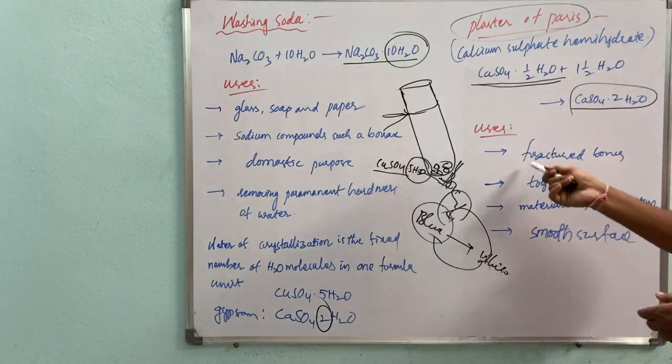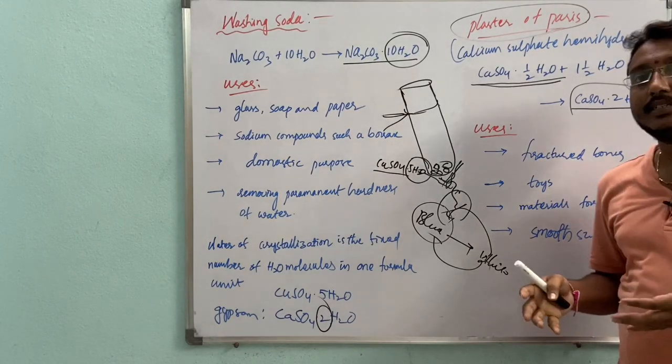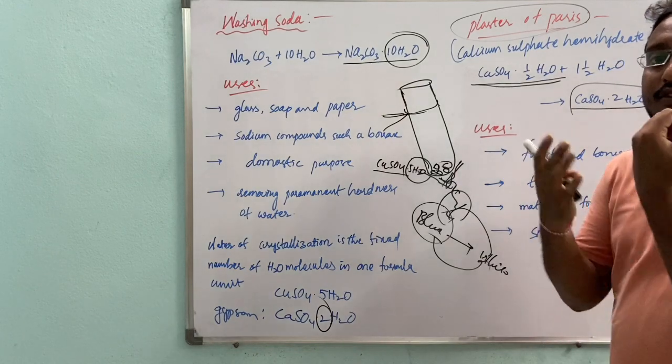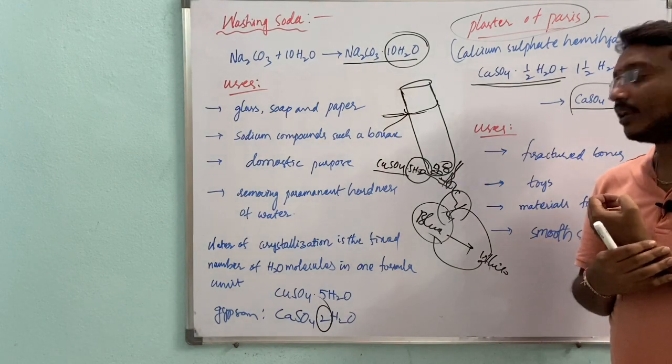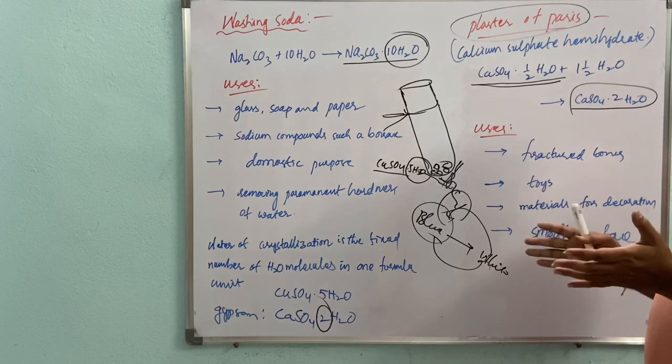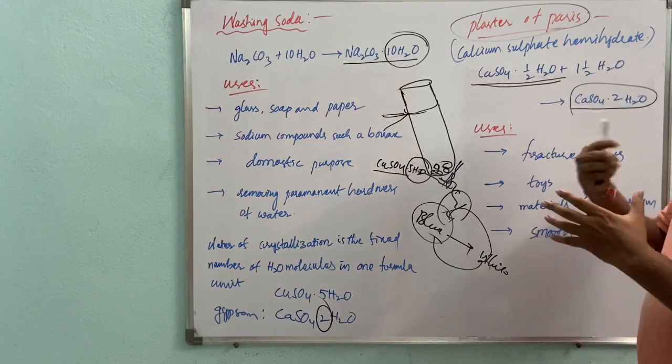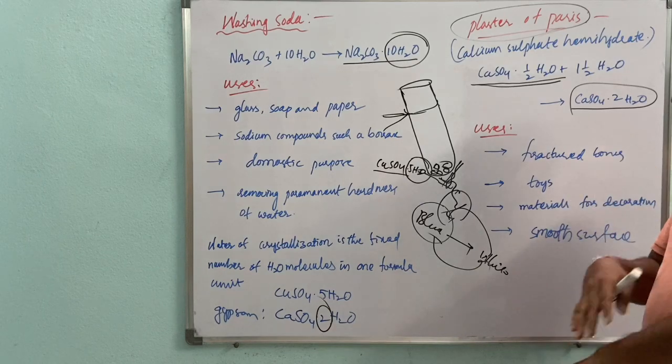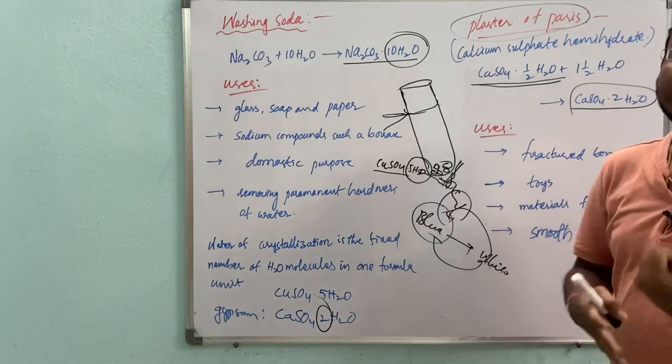That's why we have many uses with the plaster of Paris. It is used by doctors for fractures. When bones are fractured, they use plaster of Paris by adding water, to give a hard surface.